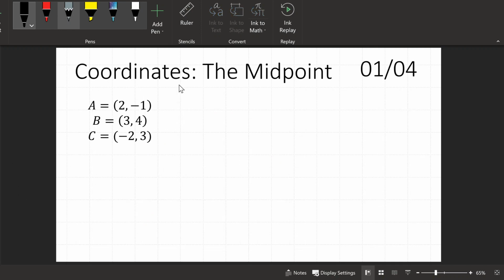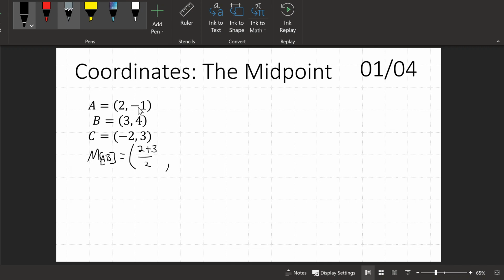So we're into coordinates, the midpoint, and here we have only been given the coordinates themselves. So I'm going to start by trying to find the midpoint of AB. Okay, so x1 is going to be 2, x2 is going to be 3, y1 is going to be minus 1, y2 is going to be 4. Okay, so x1, 2 plus x2, 3 over 2.